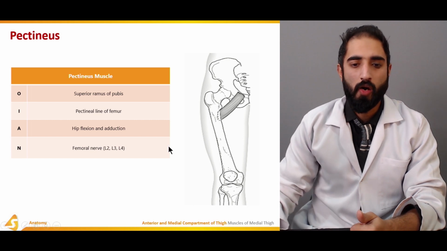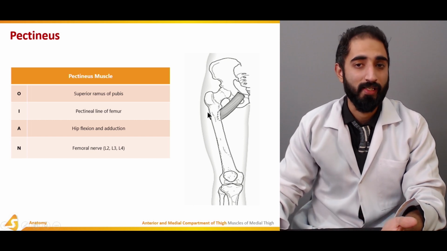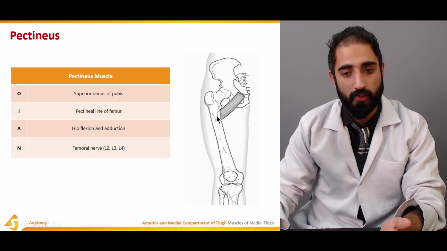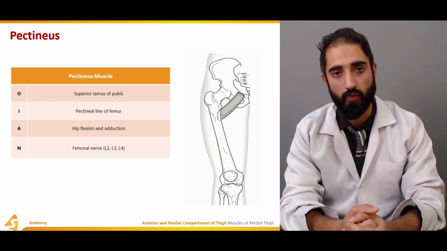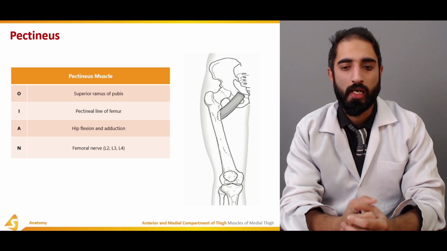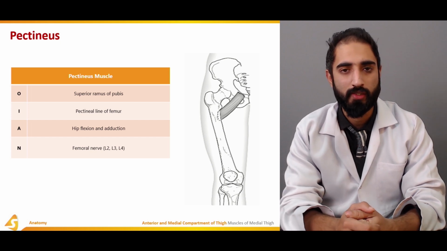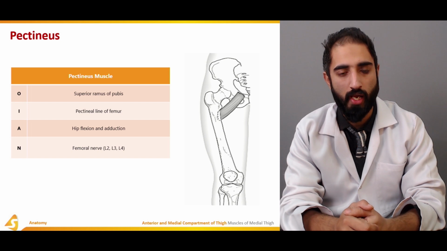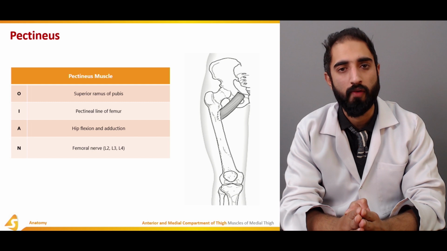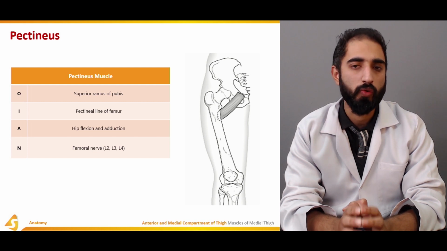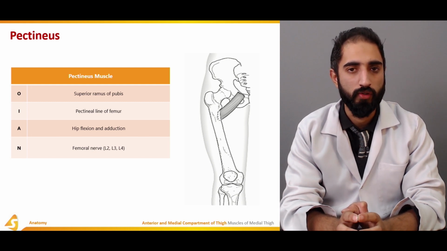And the arrangement of this muscle actually designates its action. So if this muscle contracts, it would move the femur in hip adduction, and the function of this muscle is hip adduction as well as hip flexion. The nerve supply of this muscle is via the femoral nerve, via the L2, L3, and L4 nerve roots.